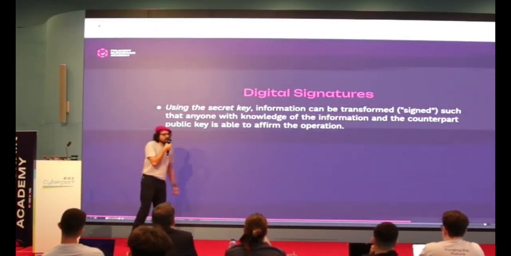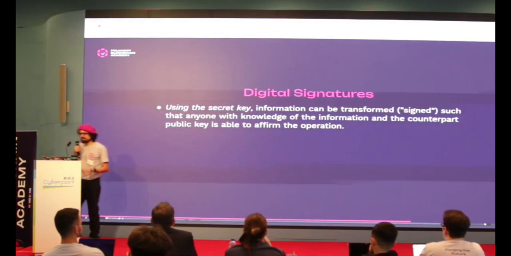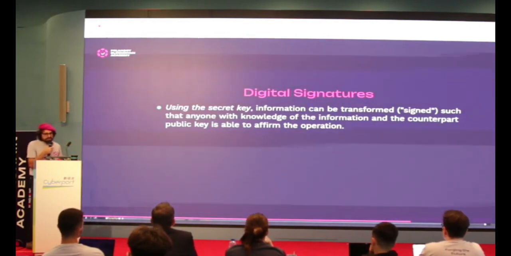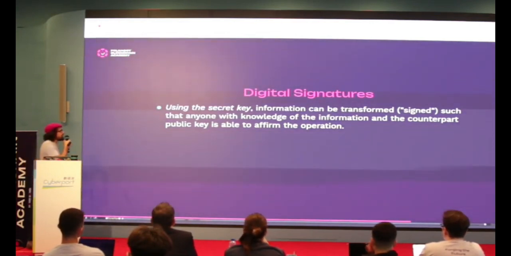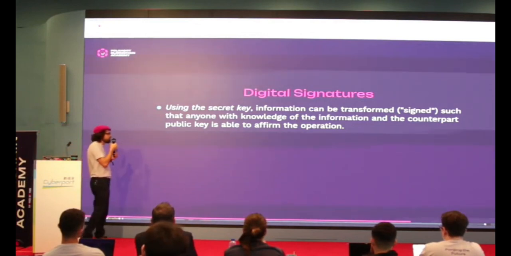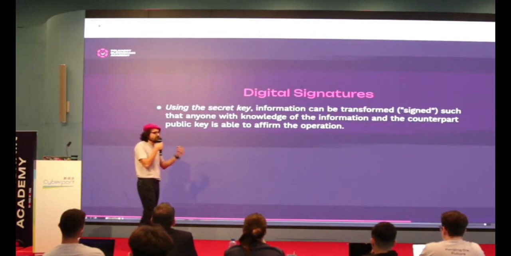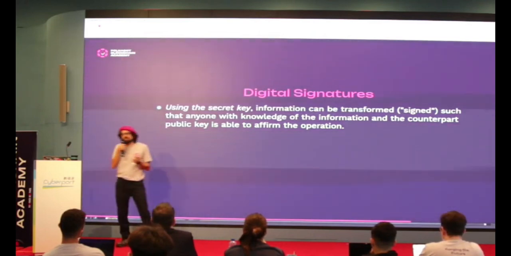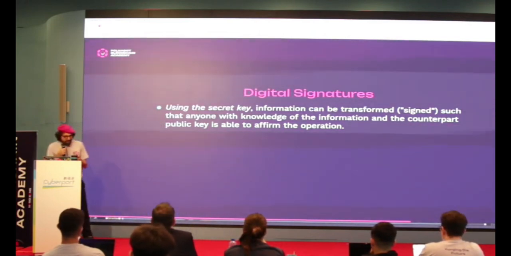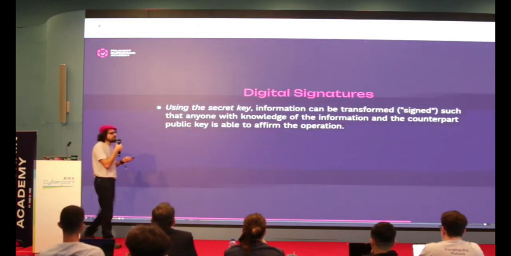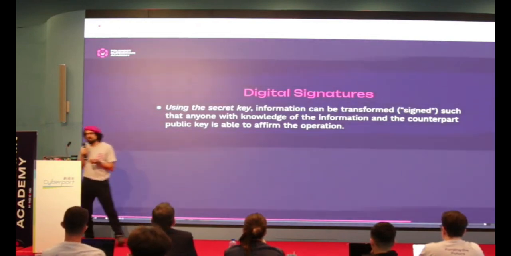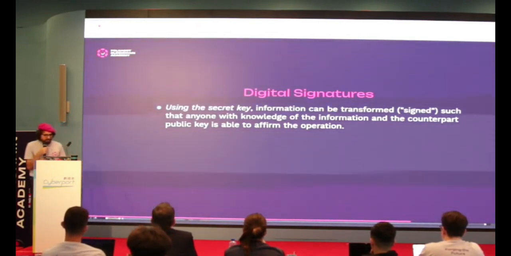And now I have a unique way to prove that I know this secret and associate it with some message, with some information. And that's basically what a signature does. I say I have the secret and I approve this information. So that's how digital signature works.